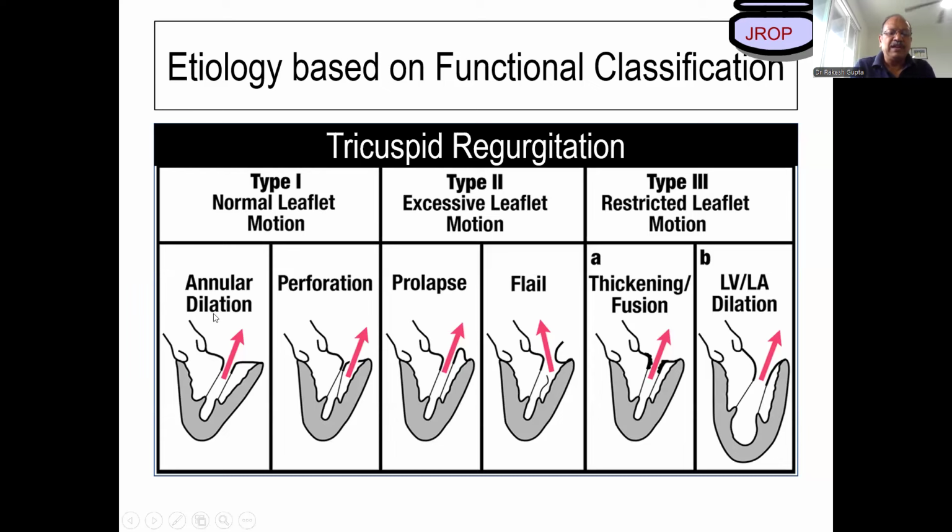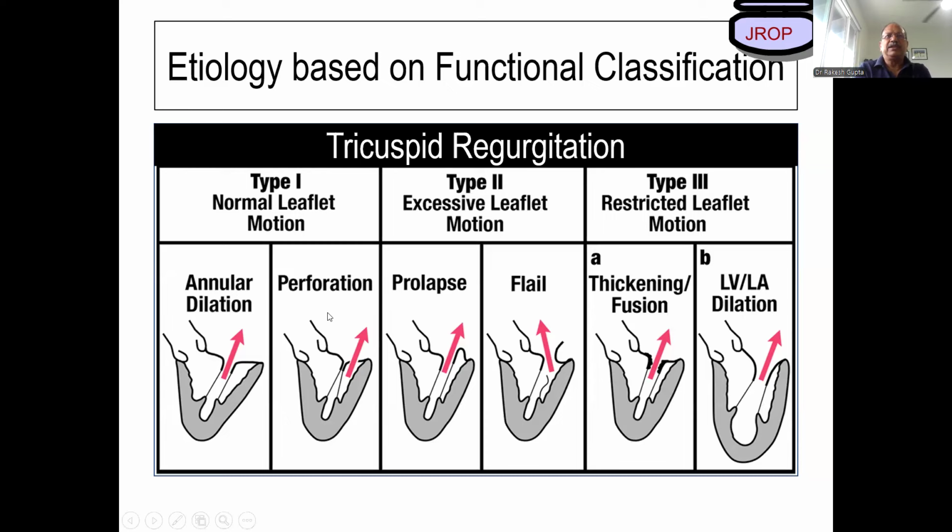If you have an annular dilatation, you do annuloplasty. Annular dilatation means more than 40 millimeters size of the tricuspid annulus. And if you have a perforation, you replace the valve.